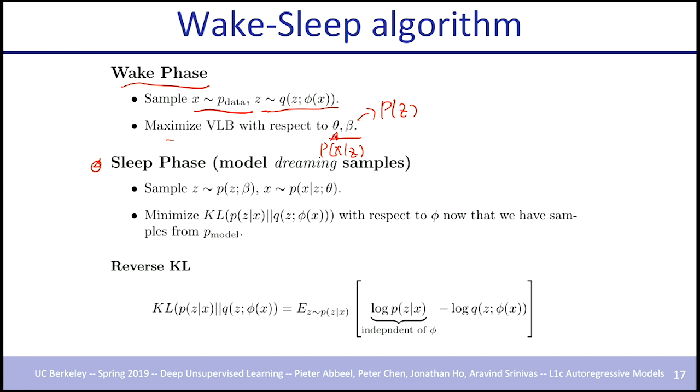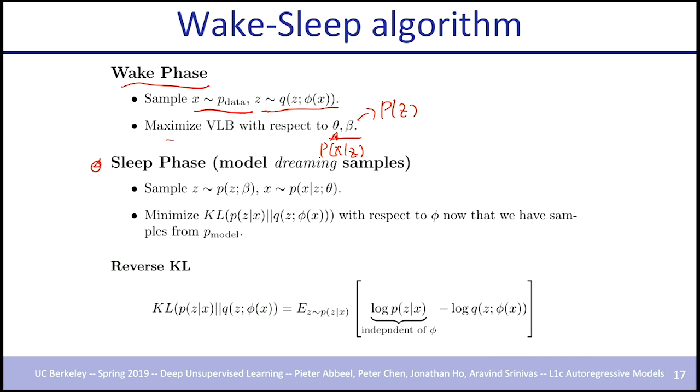So for the sleep phase, all these interesting terminologies really come from the fact that many of these machine learning algorithms are heavily neuroscience inspired. So you have this sleep phase where the model is dreaming. Basically you say in the wake phase, I observe the data and then I try to explain the data in the real world. And then in the sleep phase, I generate samples from my own beliefs.